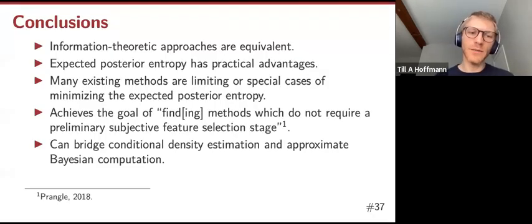And it can bridge these two fields of conditional density estimation and approximate Bayesian computation, because we're using conditional density estimation to learn the summaries, and then we use the summaries for approximate Bayesian computation. And it's nice to have that bridge because ABC has nice theoretical guarantees, but it's computationally very demanding.